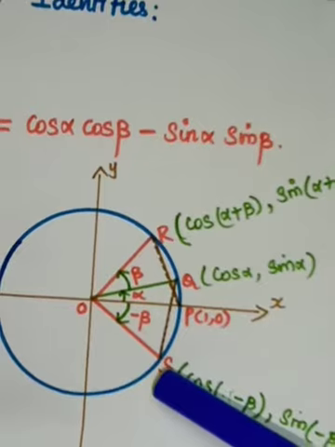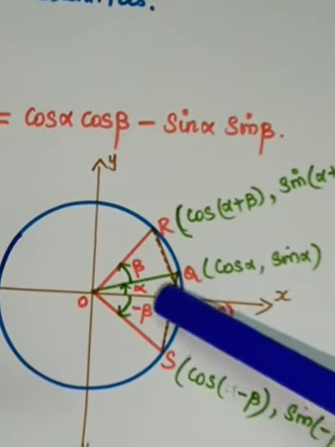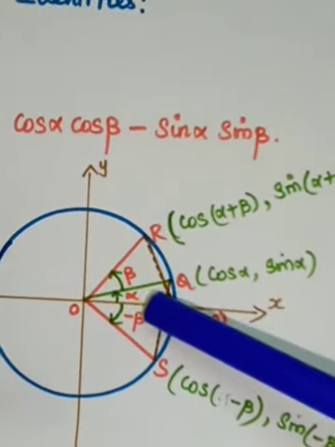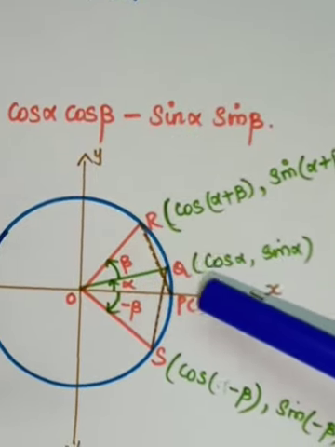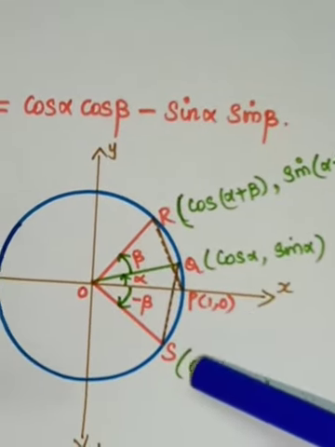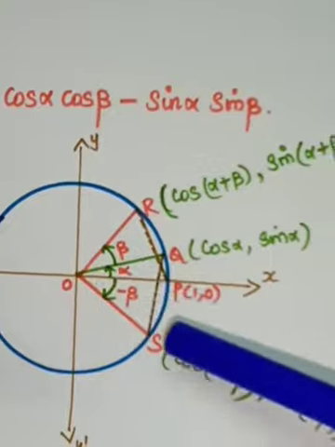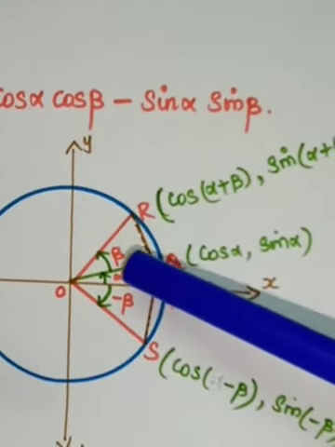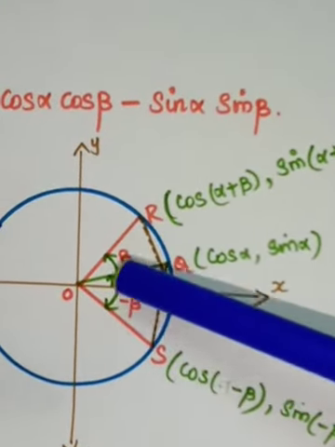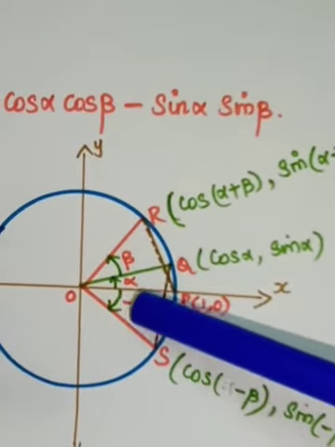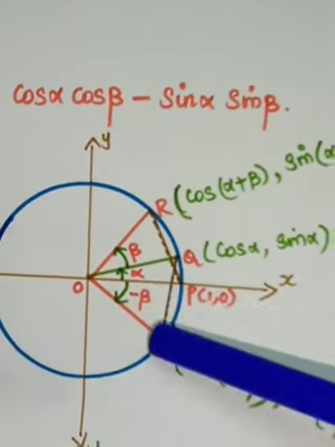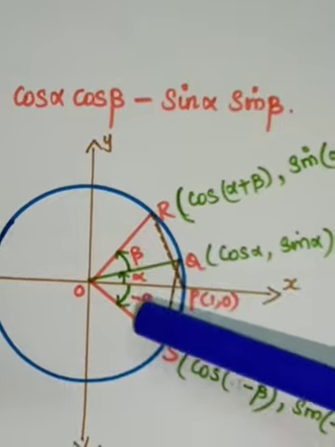And see the angle POR. What is it? Alpha plus beta. In the same way, QOS: measuring anti-clockwise, this is alpha, and then anti-clockwise it is beta. So QOS is nothing but alpha plus beta.